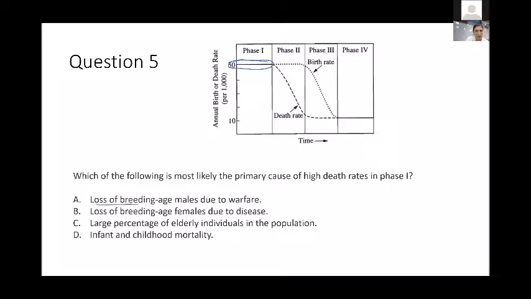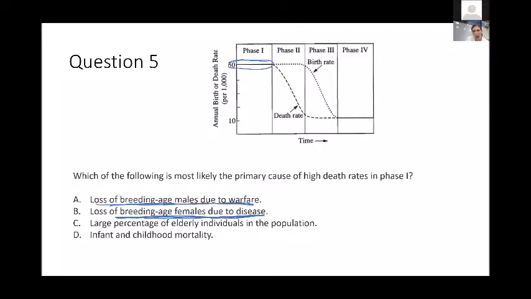Probably not going to be due to males in warfare. Number one, remember, we typically quantify our growth rates and our fertility rates to females, not necessarily males. Although this is probably the case, we still have enough females for us to have a high birth rate, so that's probably not the case.